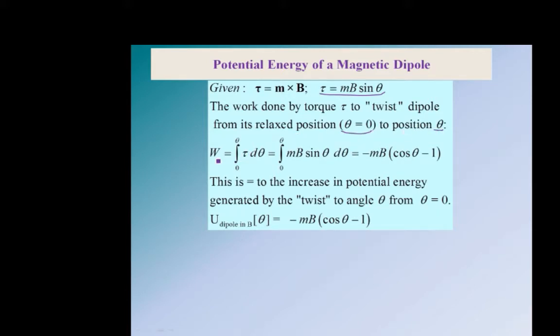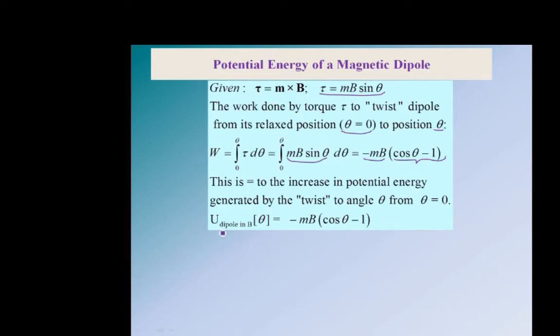So we take the magnitude of the torque and integrate that from 0 to theta, d theta. Putting in the magnitude of the torque, and remembering m and b are constant, we can bring those out. Doing the integral, we get minus mb times the cosine of theta minus 1. Okay, so remember what this is. This is equal to the increase in potential energy generated by the twist to the angle theta, starting from theta equals 0.